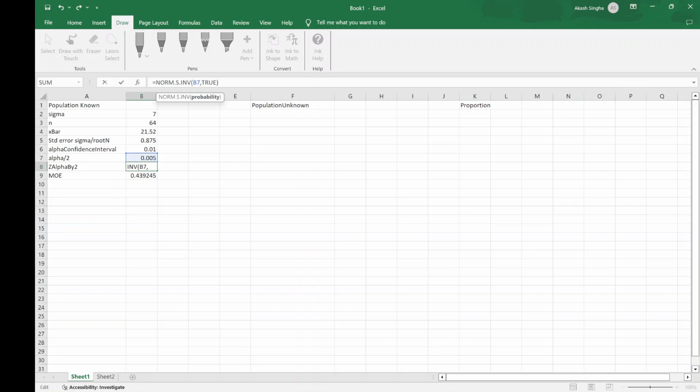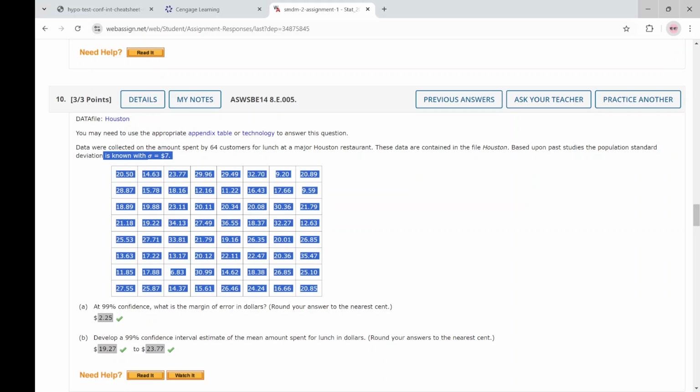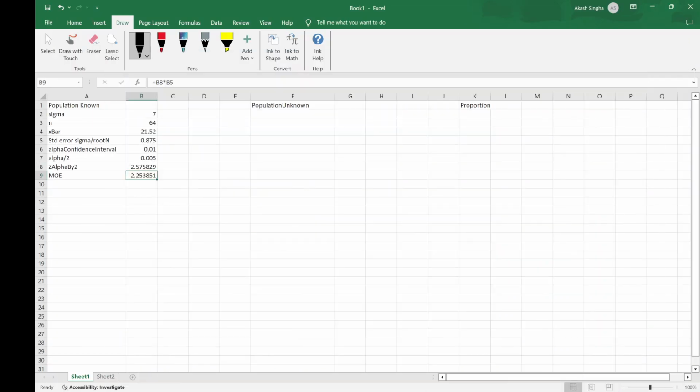And here we have to provide the probability, right? So alpha by 2 is 0.005, so the probability will be 1 minus this. So this will be the answer, 2.5758. Then, develop a 99% confidence interval estimate. So it will be the upper and lower limits.